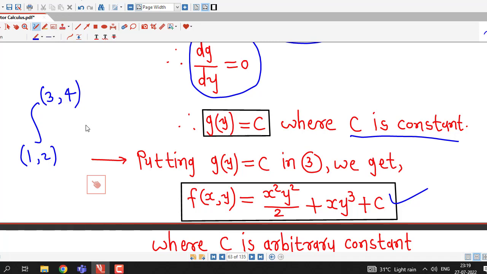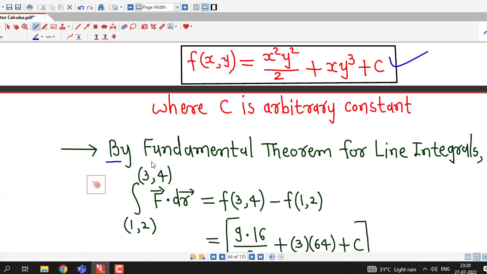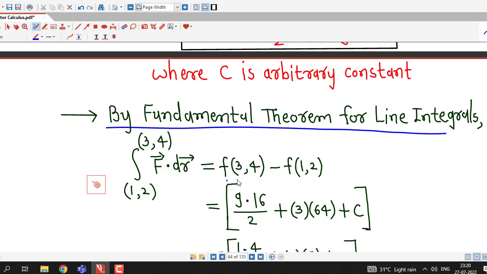So this is going to be equal to the value of the potential function at point 3, 4 minus the value of the potential function at point 1, 2. That is by the fundamental theorem for line integrals. This is equal to f of 3, 4 minus f of 1, 2.